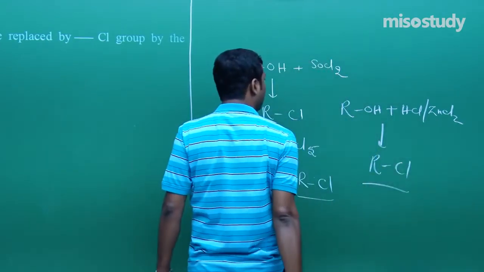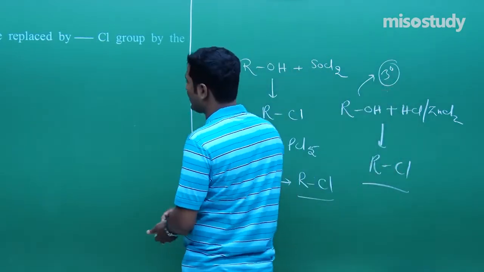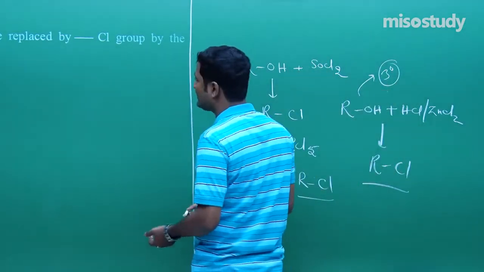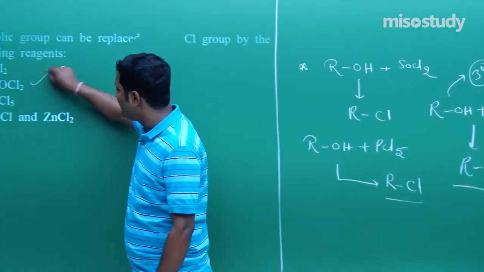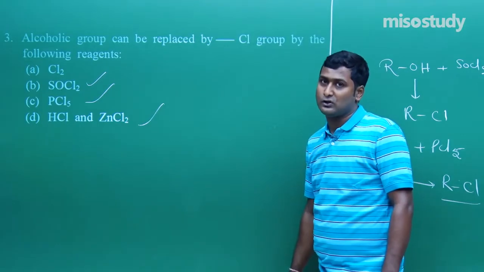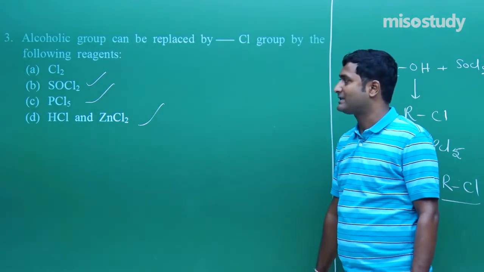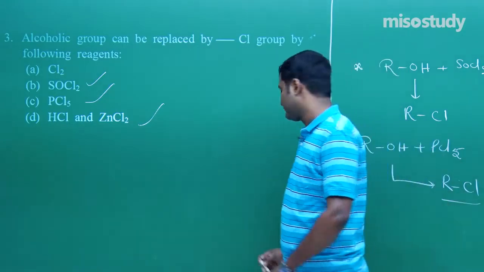As I told you earlier, in this case a 3 degree alcohol is best for the Lucas test. So this is a multiple choice type question, and B, C and D are the correct options. So for question number 3, B, C and D are the correct options.